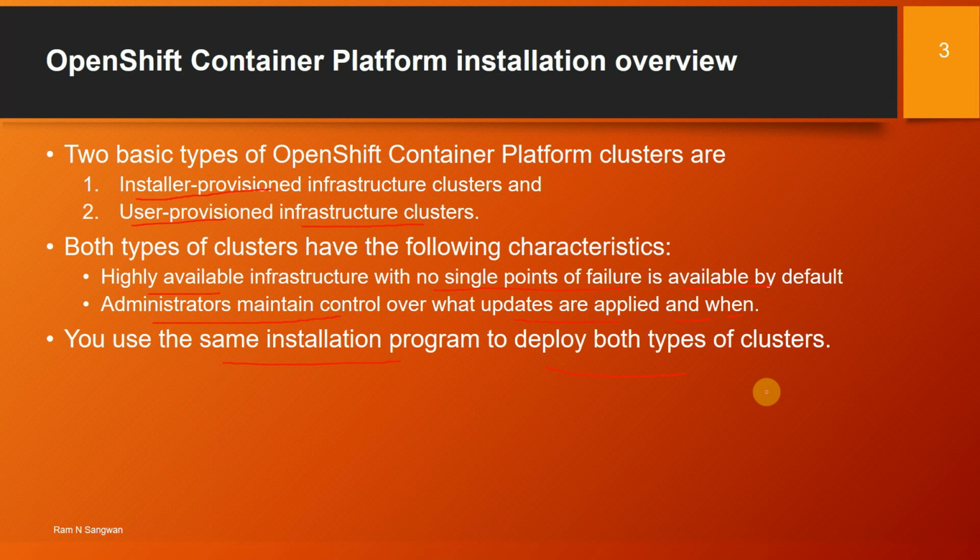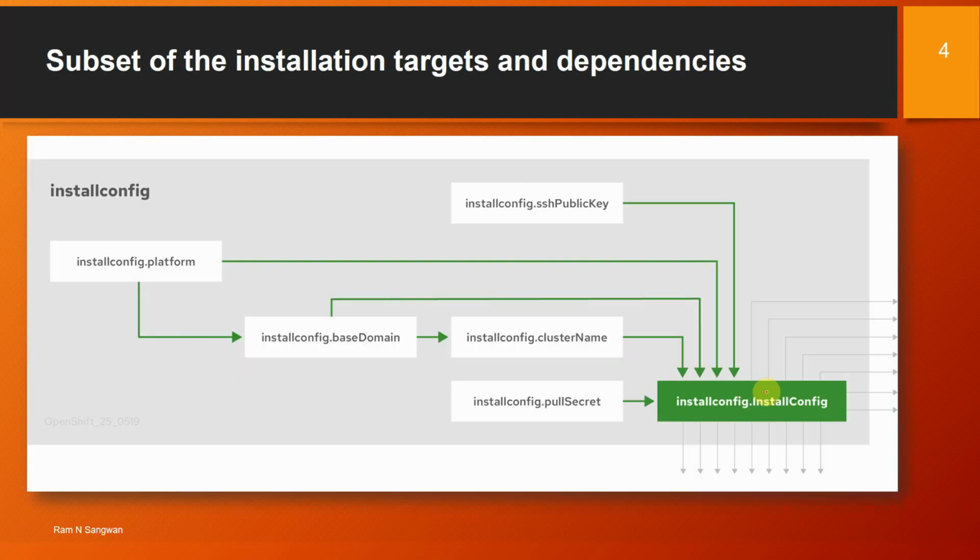Interestingly, I noticed that the installer program is using Terraform for the installation, because of the way they install and the kind of files they create. I went through that installation in detail, and they're using Terraform. So, a subset of the installation targets and the dependencies: we create one install config file.